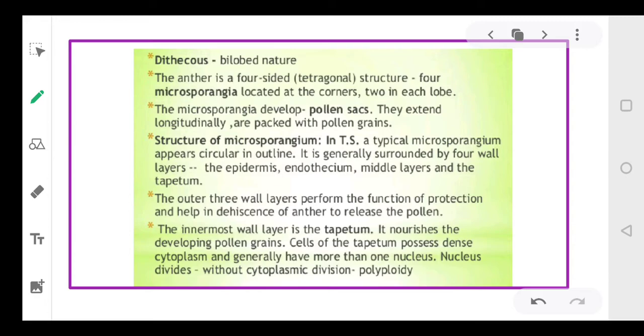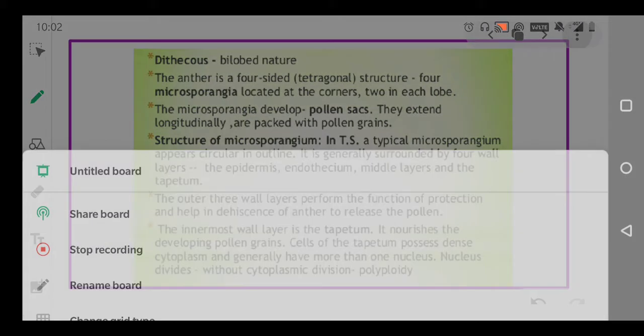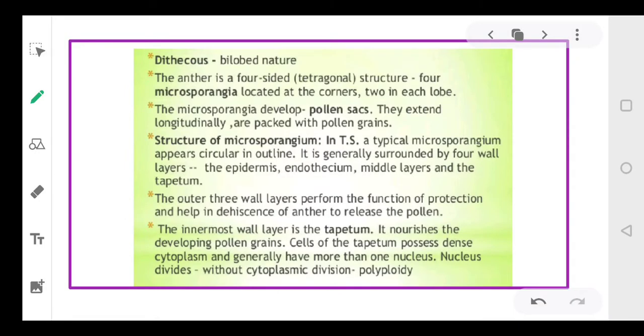Now let's understand the next topic. Let's briefly recap: your anther is dithecous, it is bilobed. The anther is a 4-sided structure having 4 microsporangia present in the corners.